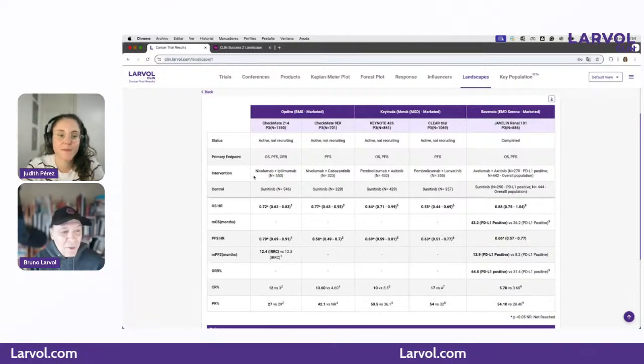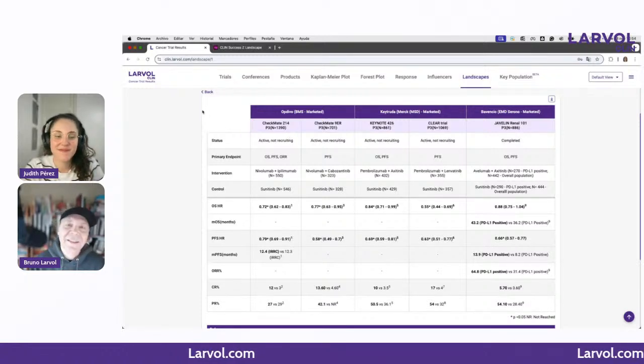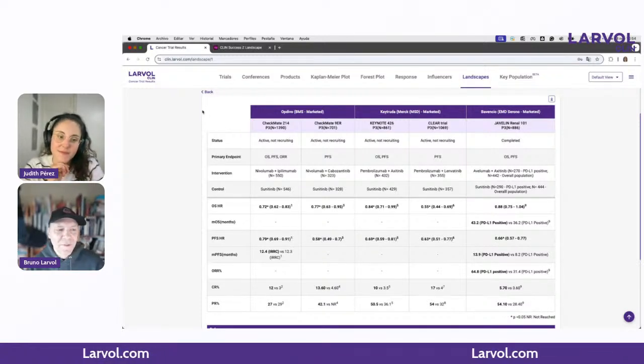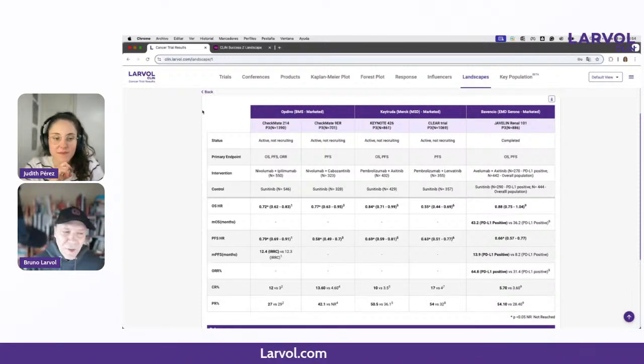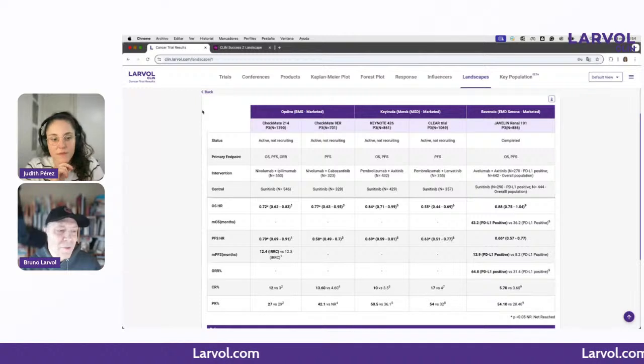And that might be a segue to the rating in a second. Practice informing means that people don't think it will across the board change the practice. There will be practice changing in some subpopulation, or as the data mature, the oncologists that we survey, that we index, feel that it could become a standard of care or a partial standard of care for a subpopulation.